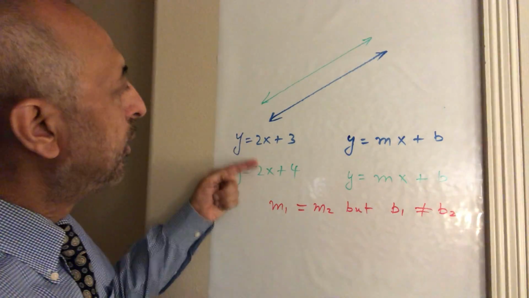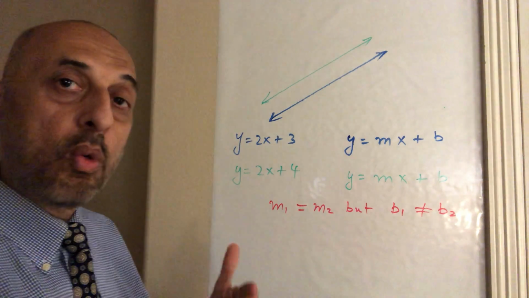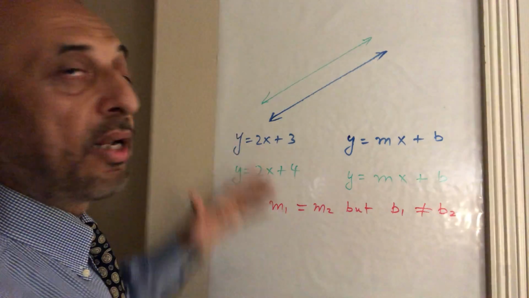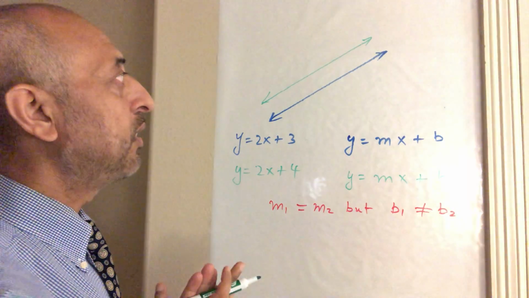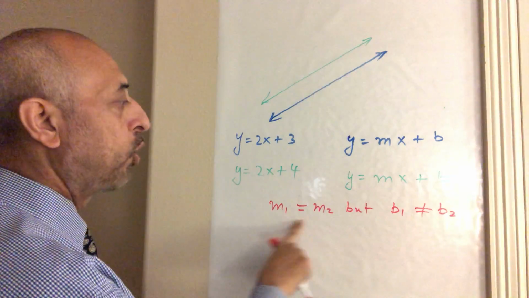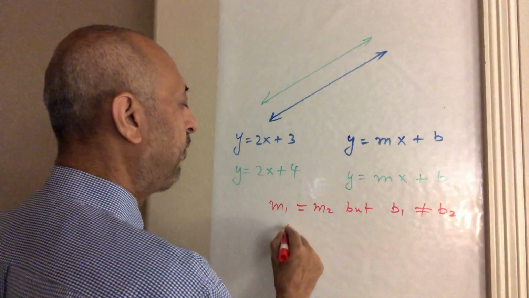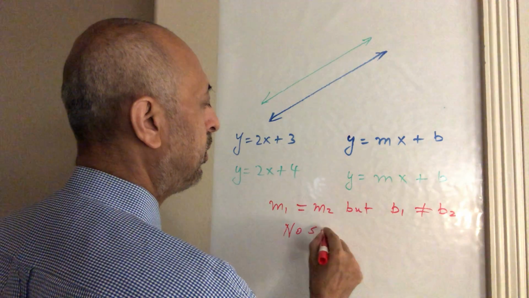When they have the same slope, the lines are parallel. As you know, when the lines are parallel, they never intersect. That means there will be no common point. So whenever the slopes are the same but the y-intercepts are different, then we have no solution.